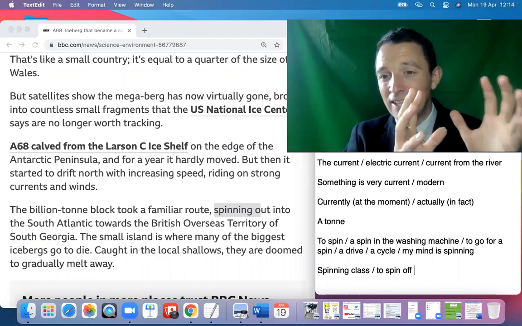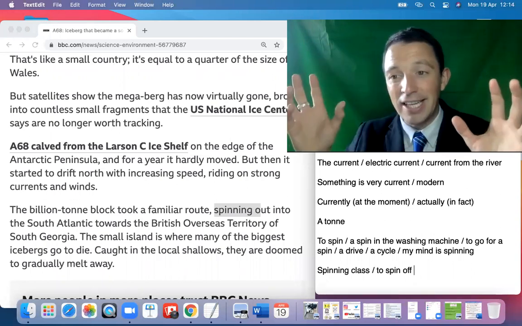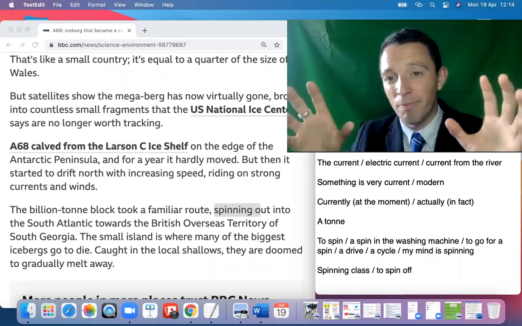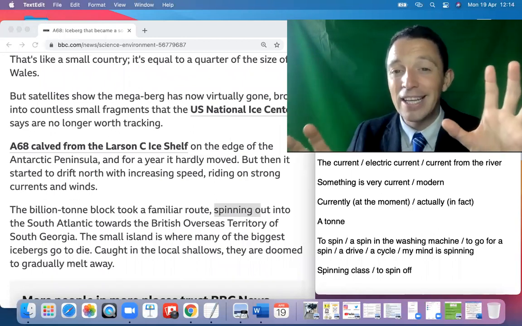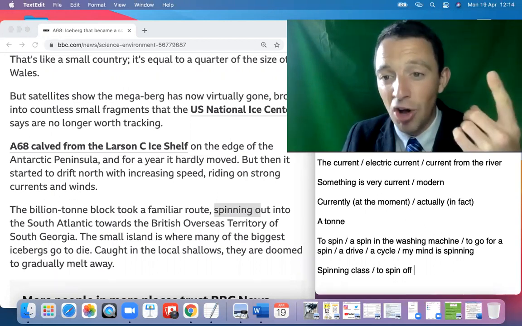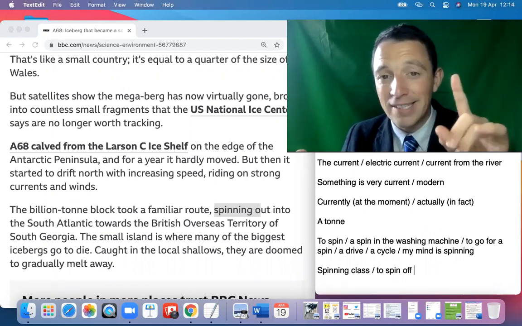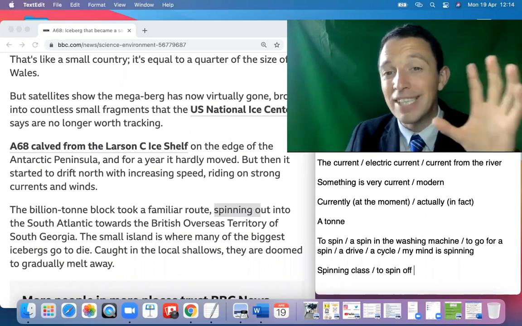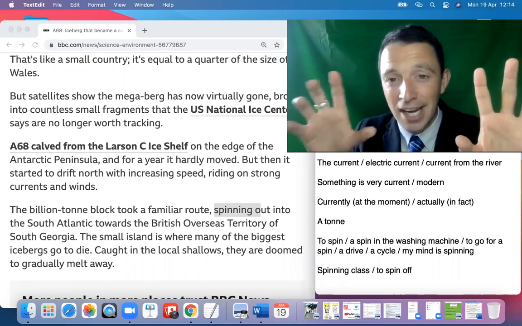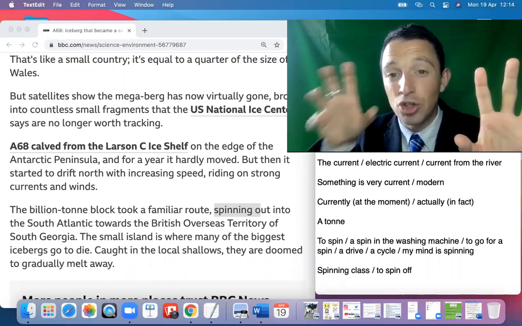There is a phrasal verb to spin off, is very important. So the original idea is here, and the next idea, which comes from the original idea, it spins off. I'll give you an example. Breaking Bad, the series on Netflix, you have Breaking Bad, and I think you have the character Saul. So Saul is the character in Breaking Bad, but this character is very popular. So they created another series focused only on Saul.